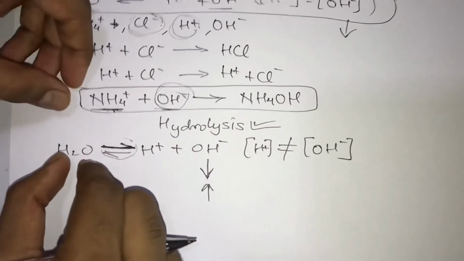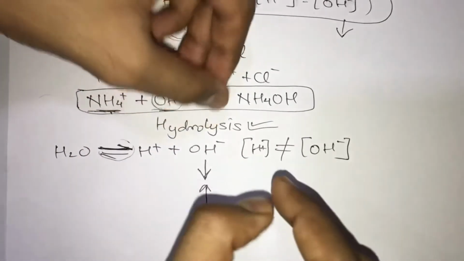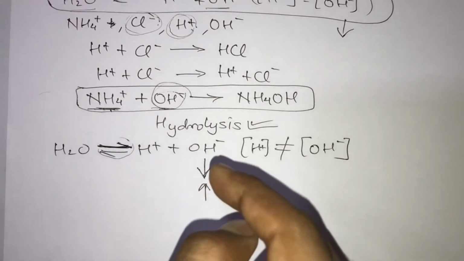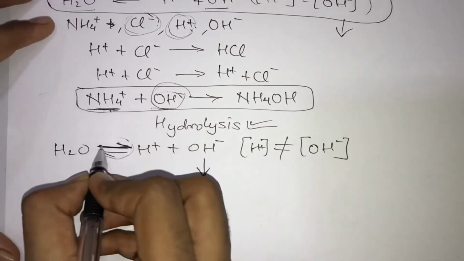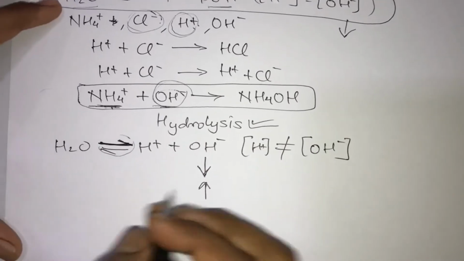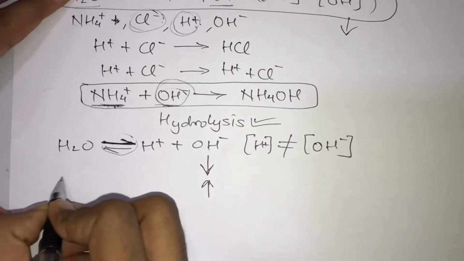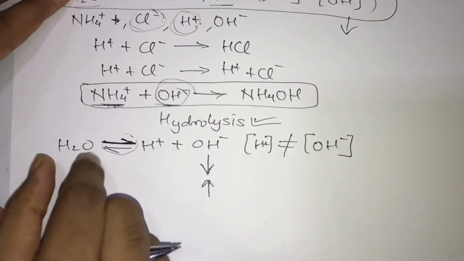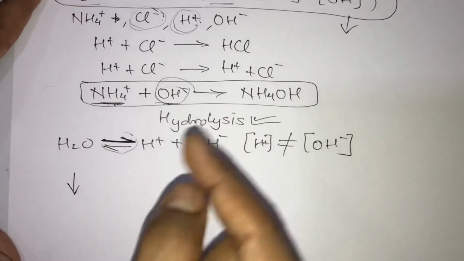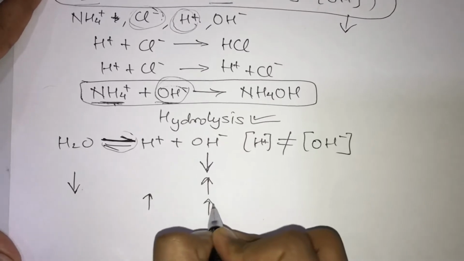So your forward reaction is now going to dominate and there will be a right shift in equilibrium. The amount of H2O is going to decrease, and that much H2O will get converted into H+ and OH-.